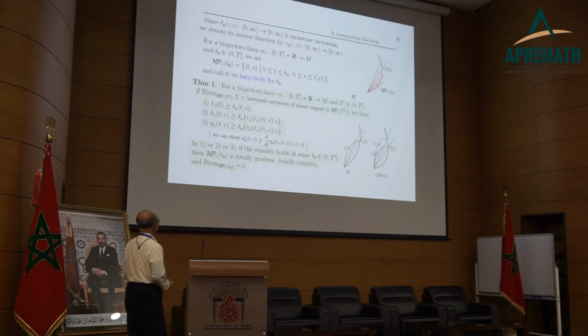For a trajectory half, if the sectional curvature tangent to the half body is less than c, then the string length is greater than or equal to the string length of constant holomorphic sectional curvature.